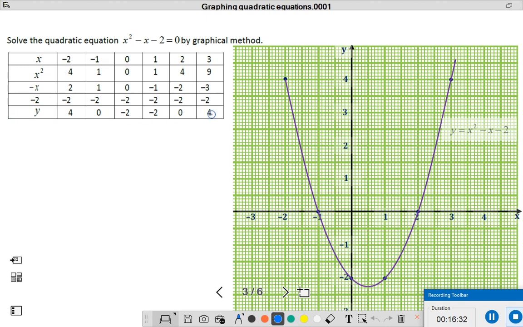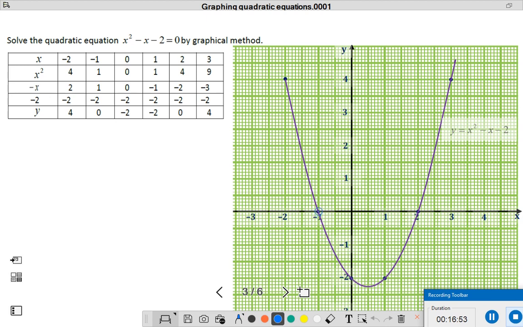You get your table, you plot the values of x and y, you get the points for all the coordinates, and you put a smooth curve. Once you obtain that, now the solutions are here.